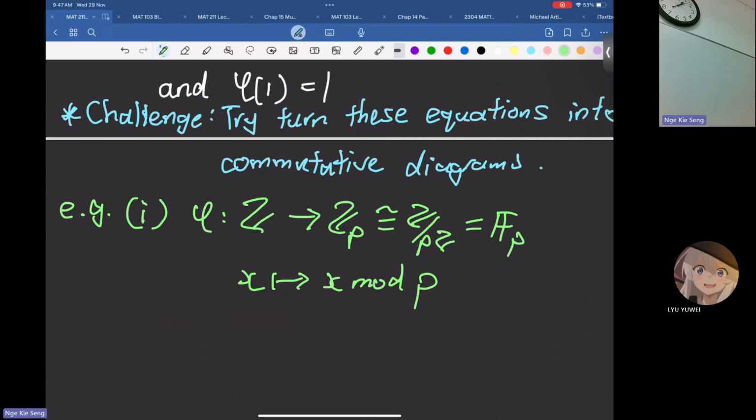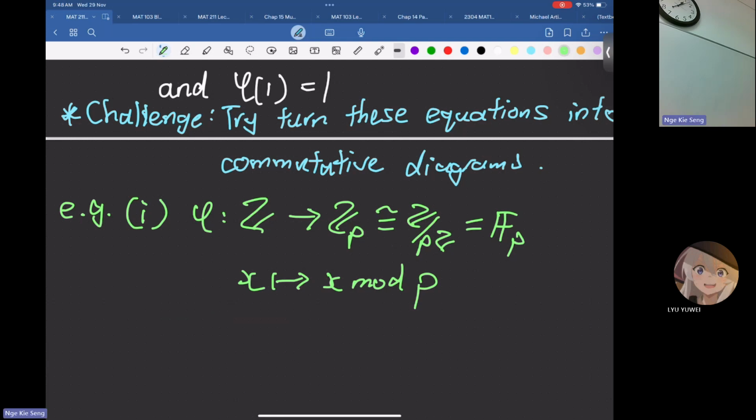This is also what I asked you for homework last time. Now you combine these two things together to get your ring, and then check that this is a homomorphism. Does one get sent to one mod p?